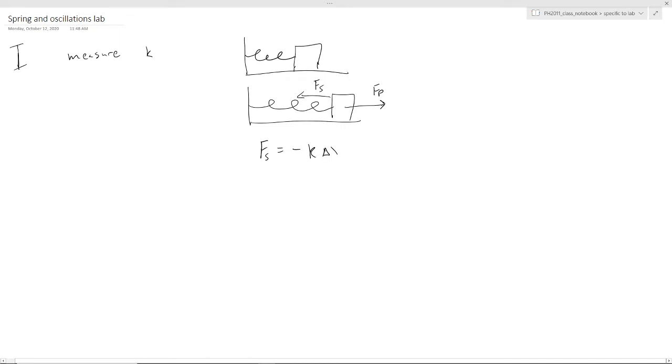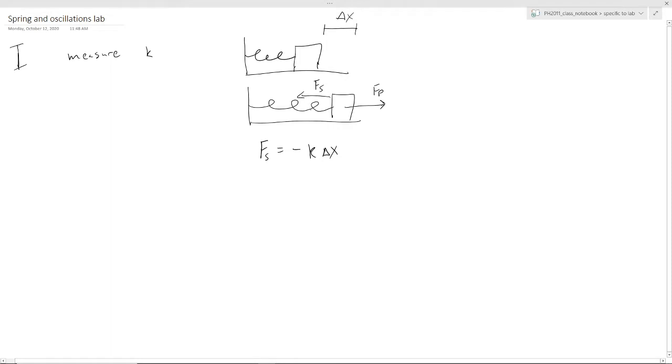And for now, I'm going to call this delta x because you can think of this as the change in x from where it's starting from. And we usually call that starting position the equilibrium position.